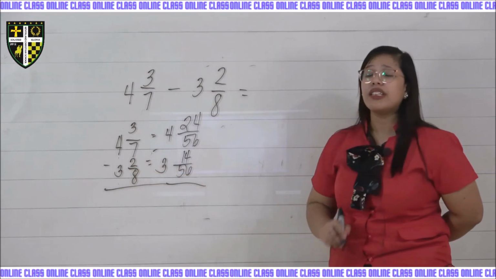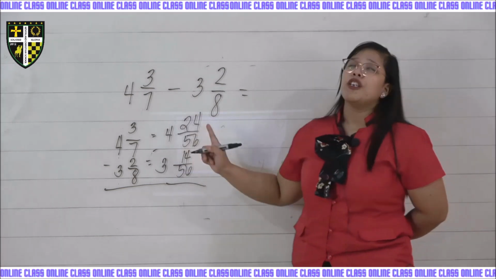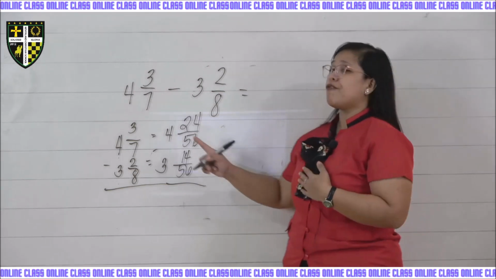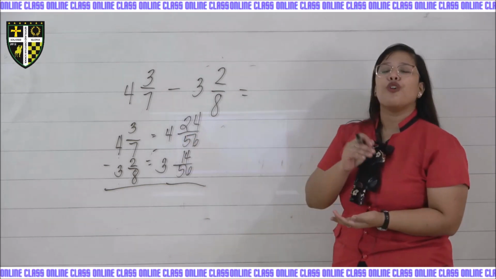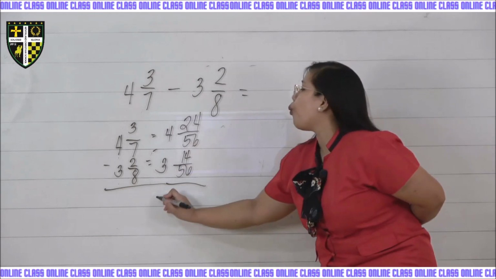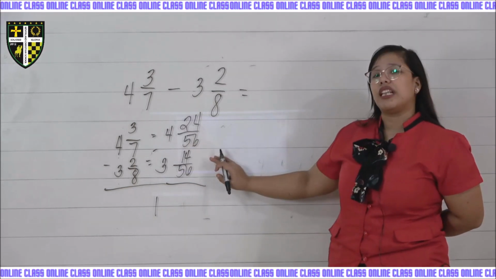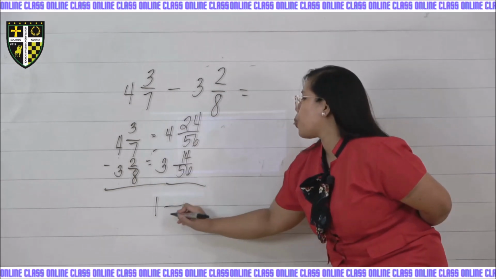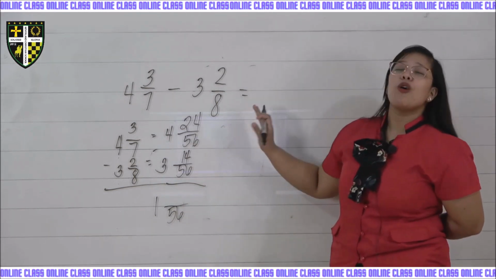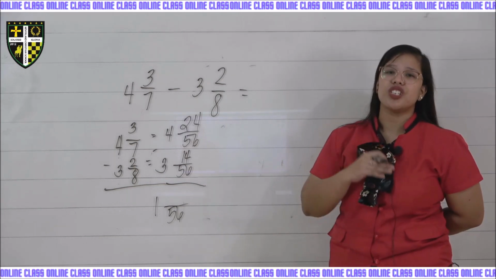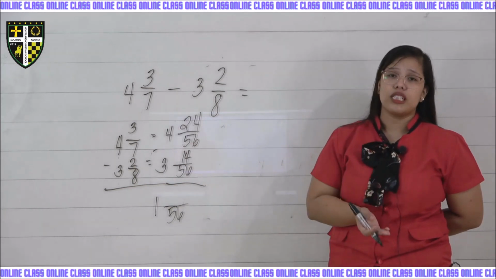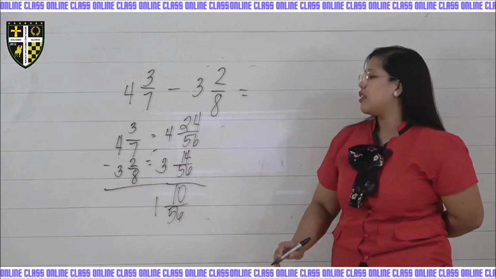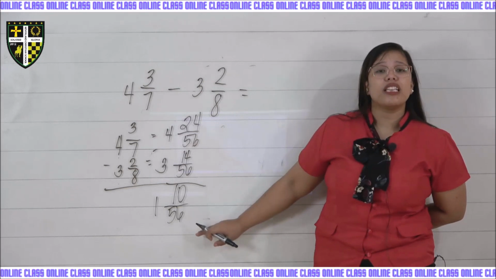So next we will just subtract the whole numbers. The whole numbers are 4 and 3. So 4 minus 3 is 1. And just copy the denominator again. Our denominator is 56. So now we will just subtract the numerators, which are 24 and 14. 24 minus 14 is 10. Now, can we put it into lowest term?